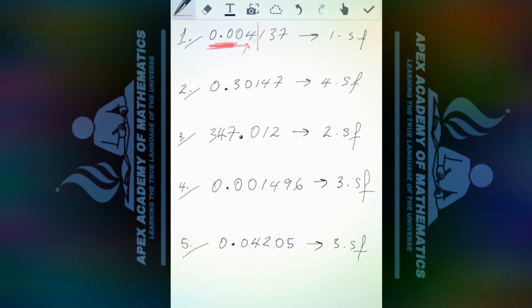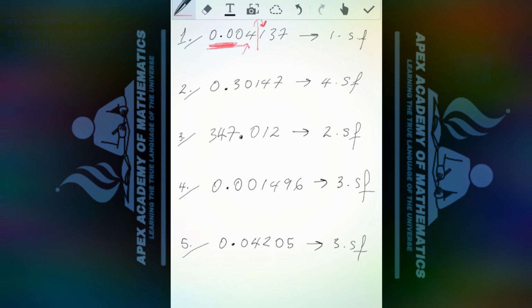That completes my step 1. I identified my required significant figure, then I drew a line behind this digit. My step 2 says I'm going to check the digit that comes after. So the digit that comes after the 4, or behind the line, is 1.